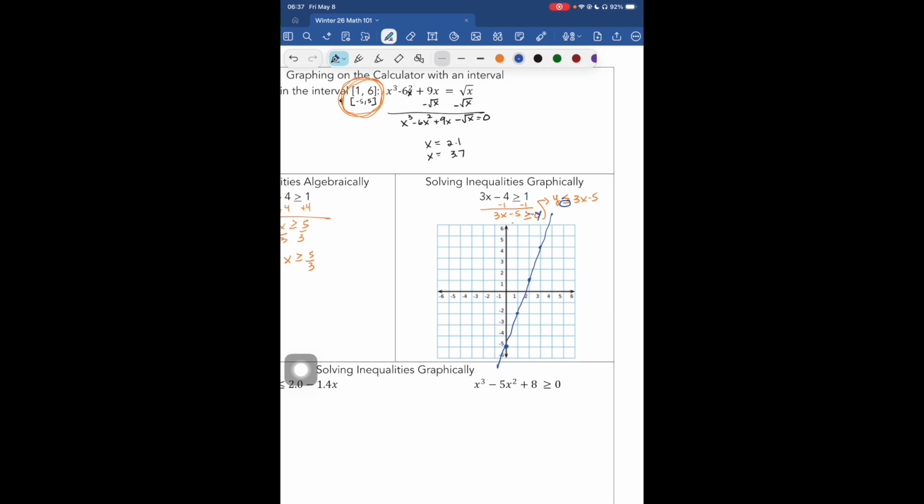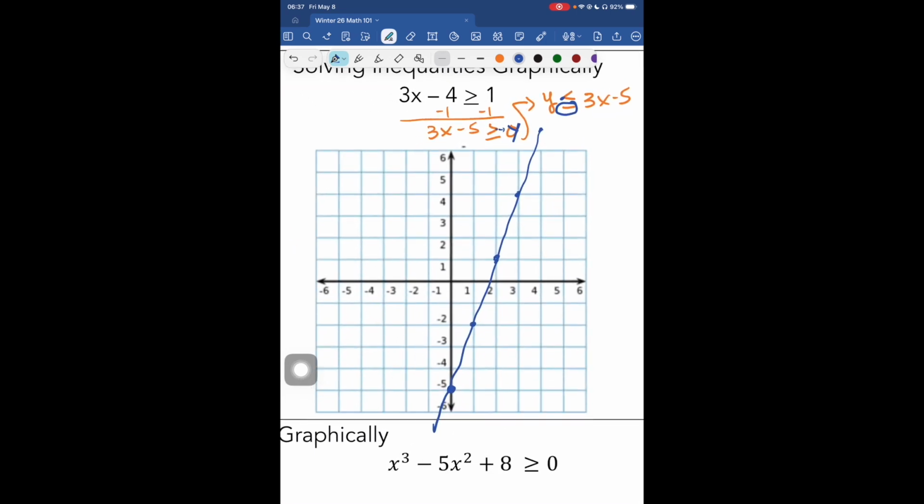Now this says y is less than or equal to 3x minus 5. And so we are looking at a graph with a positive slope. Because it's less than, we're actually going to color everything under that positive slope. So anything in this colored area is a possible answer.